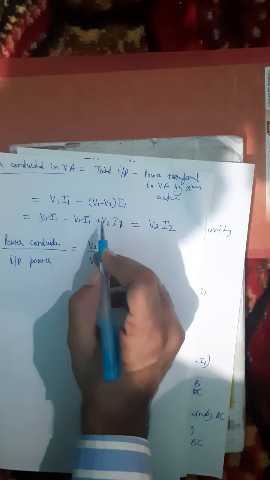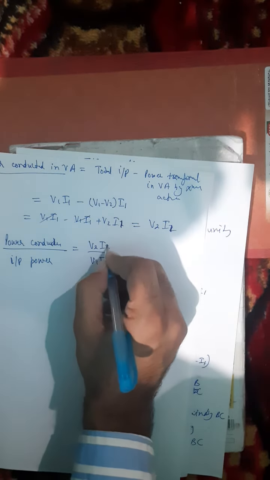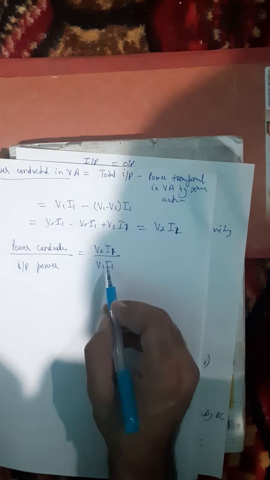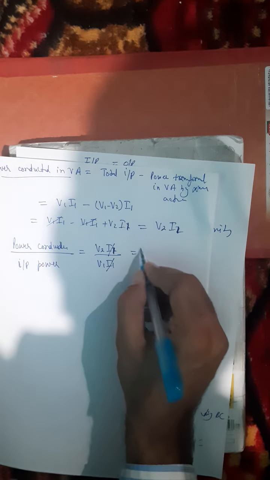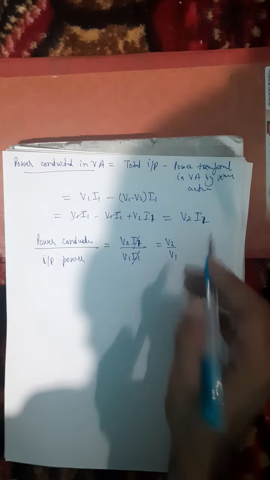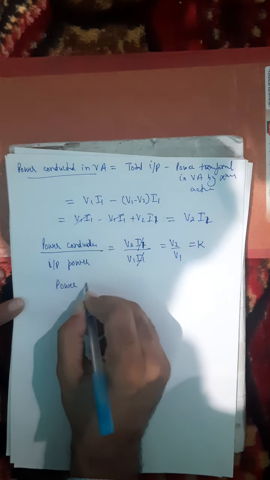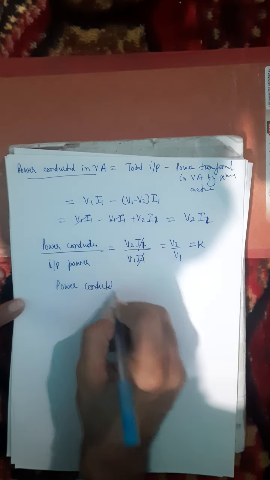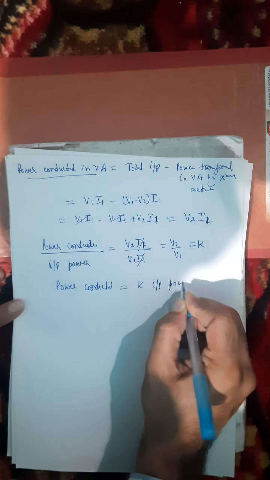So it is V1 I1 plus V2 I1. V2 I1 divided by V1 I1. So I1 will get cancelled, and V2 by V1 is nothing but equal to K, which is the transformation ratio, or I can say power conducted is equal to K times the input power.